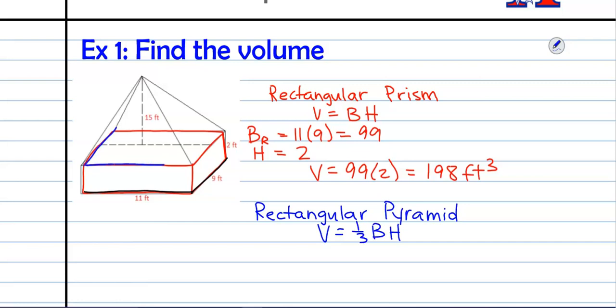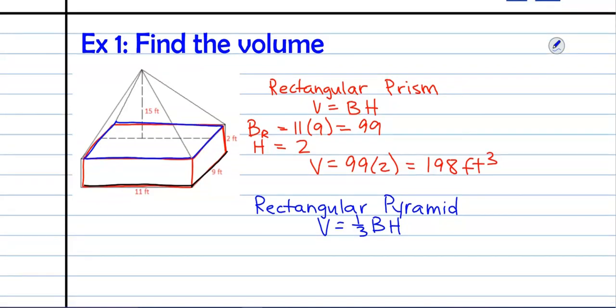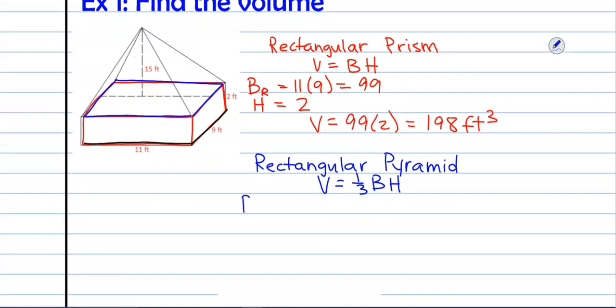We're still using that same rectangle for the base of the pyramid, so I can right away write down the base of the rectangle: it's still going to be 99. Not even going to redo the math on that one. Now the height is this distance here. Remember, your height is always from the middle of your base straight up, creating a right angle, so 15 feet.